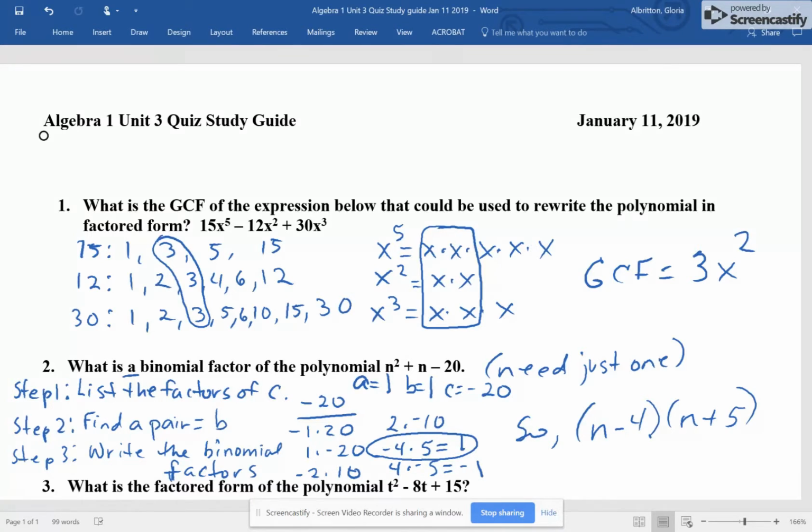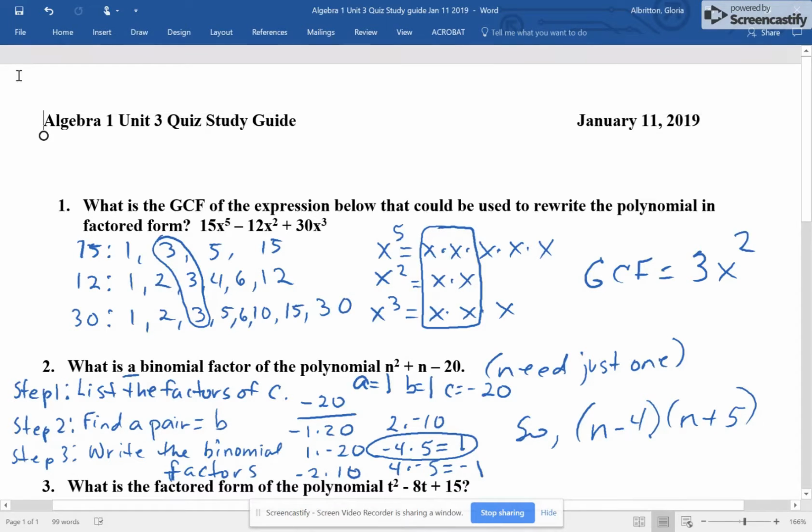So since the problem asks what is a binomial factor, you're going to give them either n minus 4 or n plus 5. You just look through the list and see which one they're asking for. So based on what you have in your multiple choice list, you'll choose one of those.